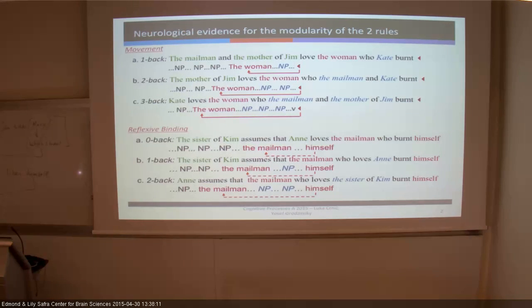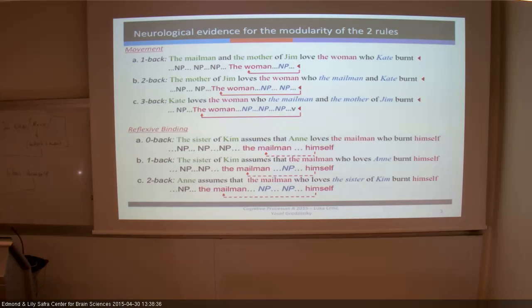They look a little odd and they look a little cumbersome, but they're good sentences in English. And the important thing is not so much the properties of each of them, but the contrast between these types. So you can see sentences like the mailman and the mother of Jim love the woman who gave birth, versus the mother of Jim loves the woman who the mailman who gave birth, and so on and so forth. These are strange sentences.